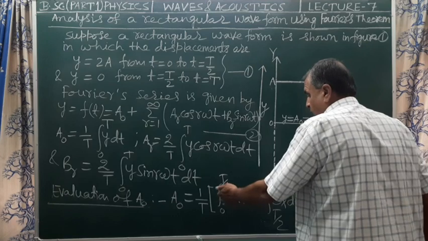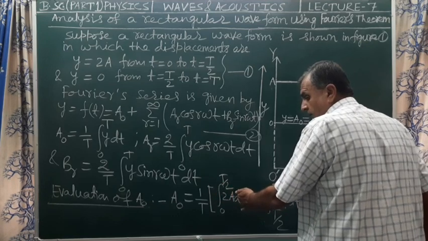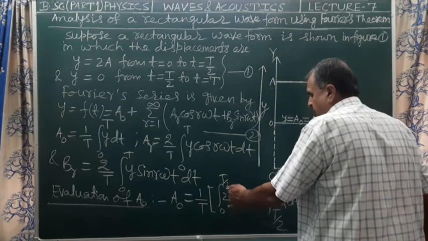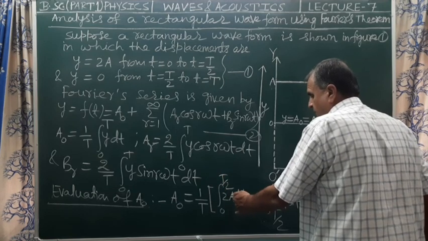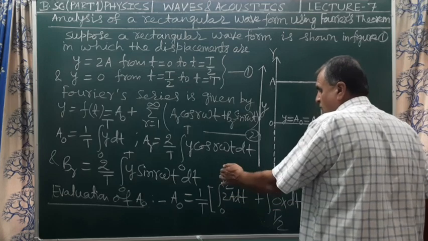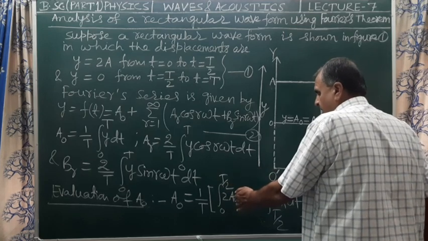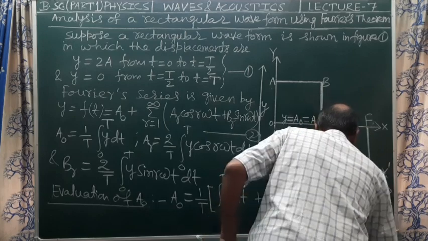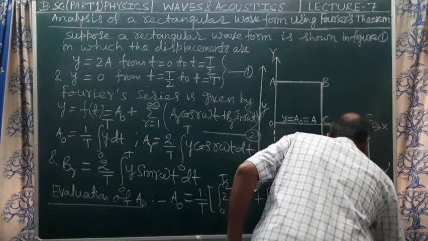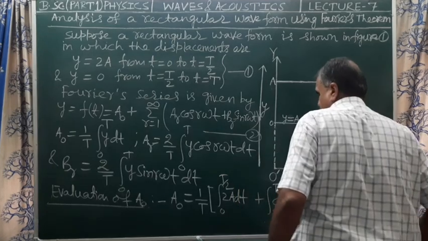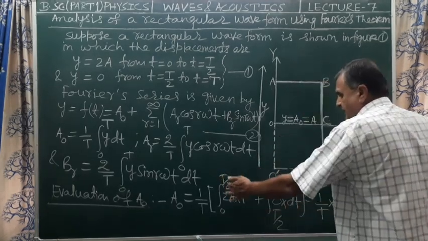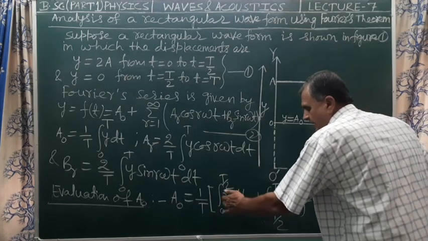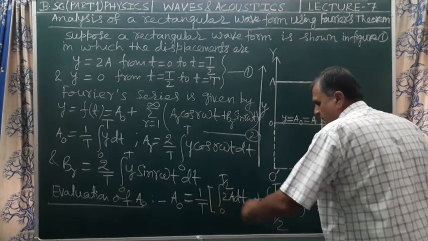2a is constant, taken out of the bracket. So 2a, integral of dt is capital T, with upper limit T by 2 and lower limit 0. So the value of the integral 0 to T by 2 dt is T by 2. So it is 1 by T multiplied by 2a multiplied by capital T upon 2. 2a is constant, taken out of the integration symbol.